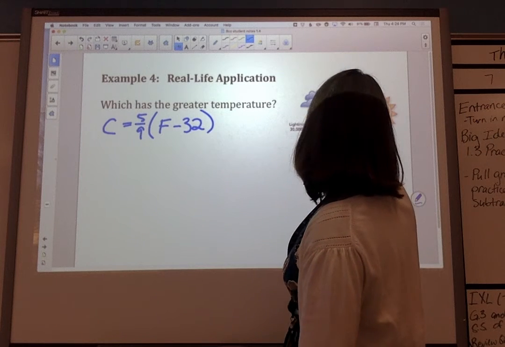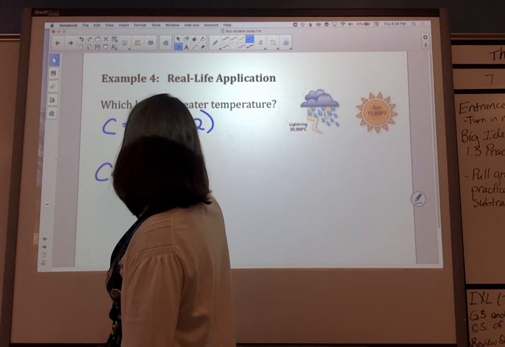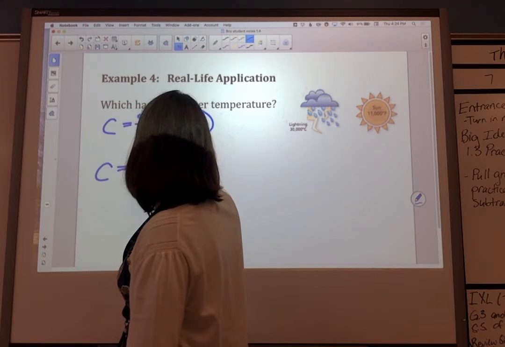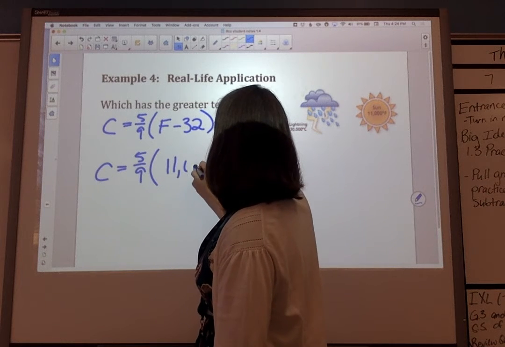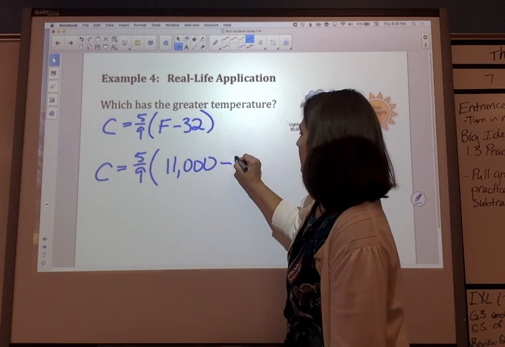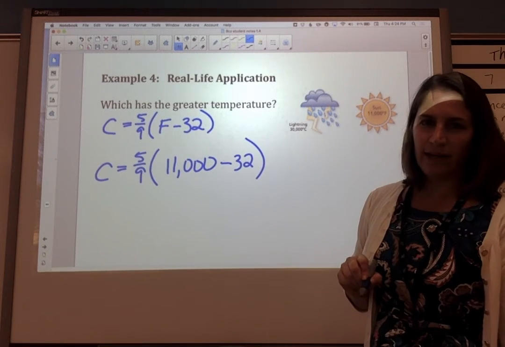So if the sun is 11,000 degrees Fahrenheit, we're going to say C equals 5/9 times 11,000 minus 32. All right, we're probably going to need a calculator for this one.